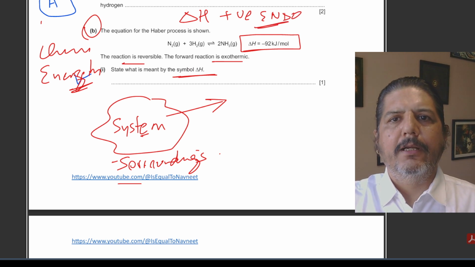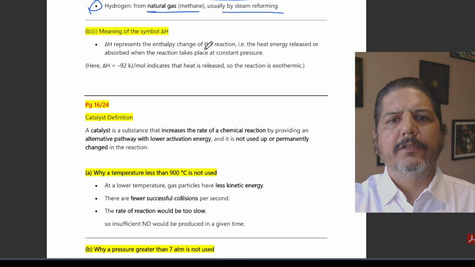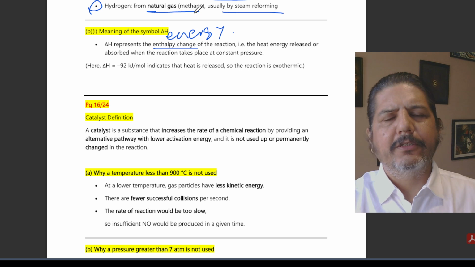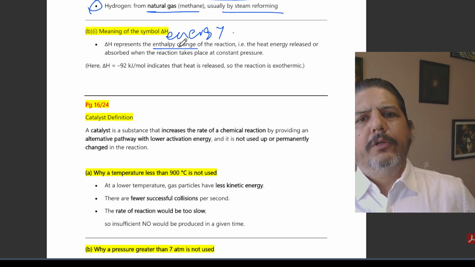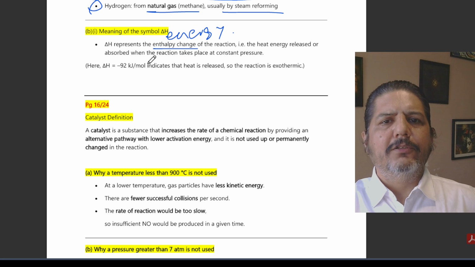Now, what is meant by symbol delta H? This is what you can write. Delta H represents enthalpy change. You can write this as energy change, because in grade 9 and 10, enthalpy is not a word which is used. So delta H represents energy change of the reaction, energy released or absorbed when the reaction takes place at constant pressure.